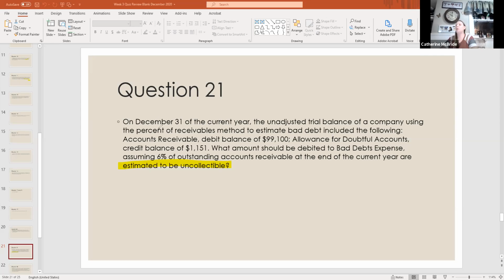So on December 31st of the current year, the unadjusted trial balance of a company using percent of receivables. If we're looking at percent of receivables, you are going to adjust the allowance account.